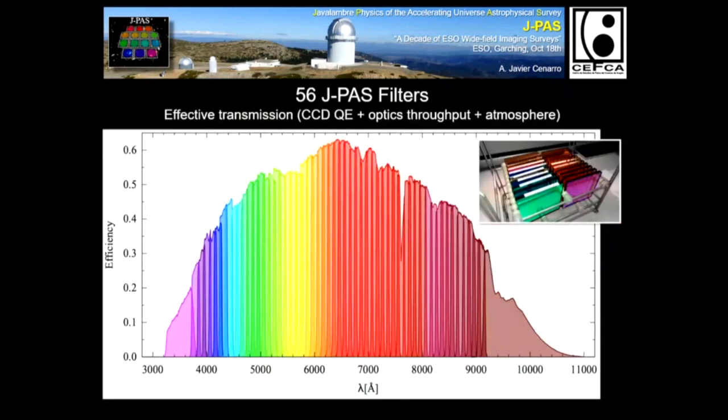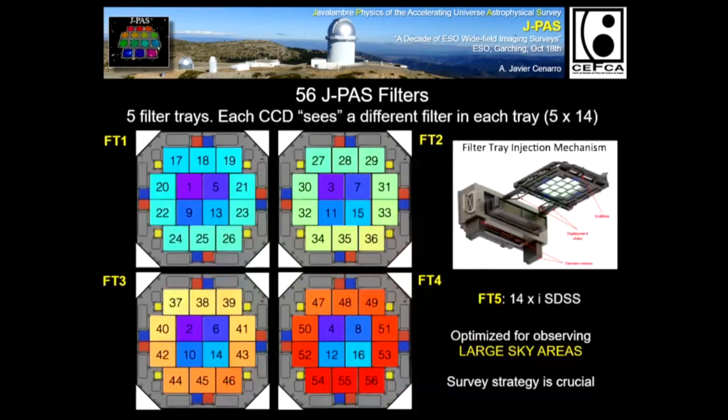Well, these are the 56 filters now with the effective transmission, taking into account the CCD quantum efficiency, the overall optics throughput, and of course the atmosphere at Javalambre. Okay, and you can see the filters there. We have 56 filters, but of course we don't want to populate each filter tray with only one type of filter, because otherwise it would be more money in filters rather than in the observatory.